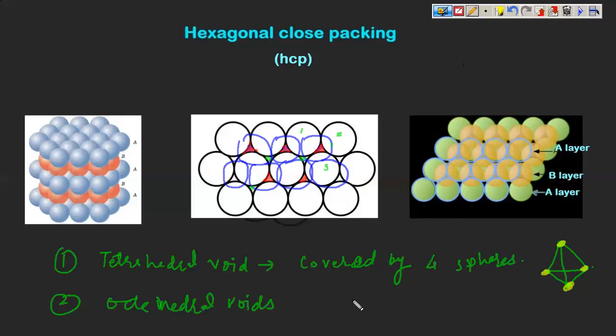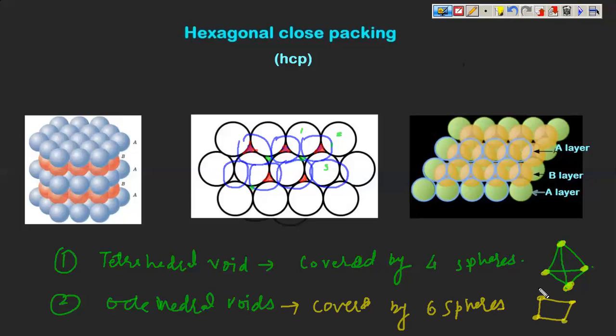An octahedral void is the void which is covered by 6 spheres, 3 in the below layer and 3 in the above layer. Why is it called an octahedral void? Because it forms a perfect octahedron. See how one particle, another particle, another particle, another particle, this is covered by 6 different particles.